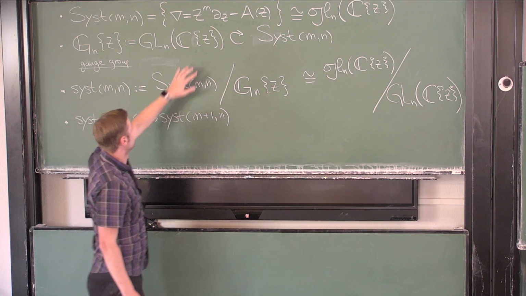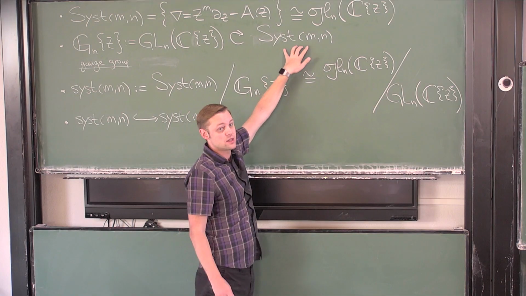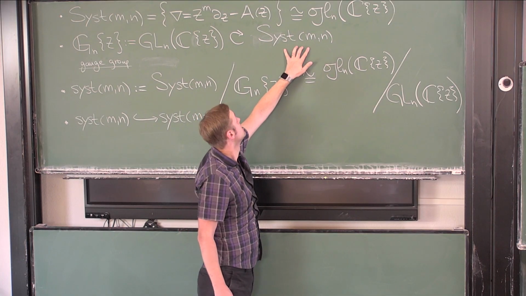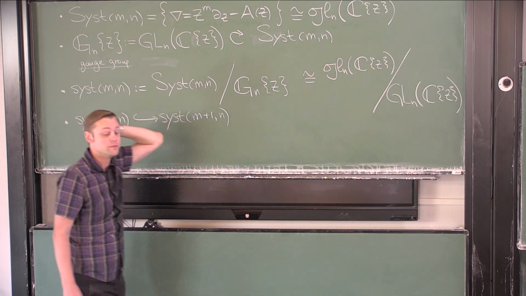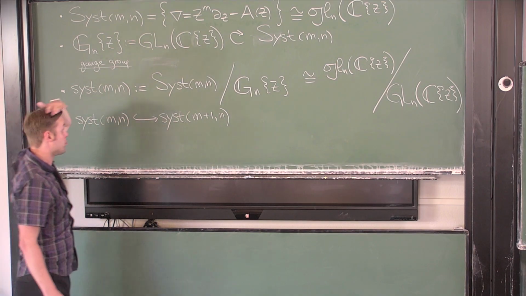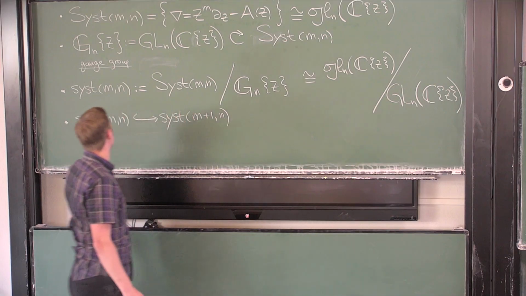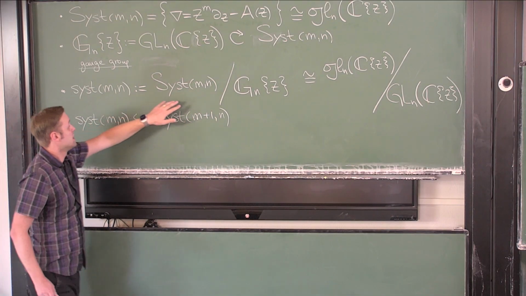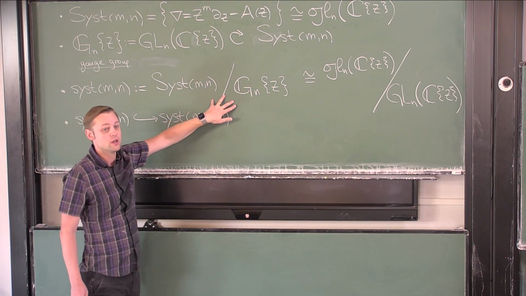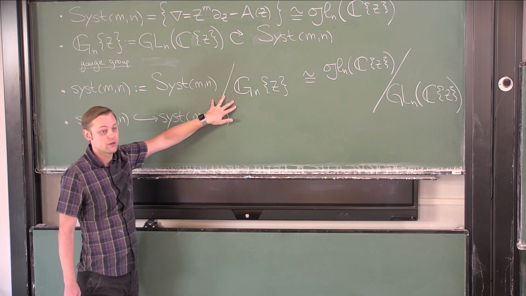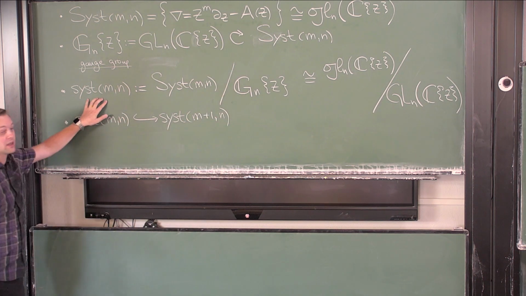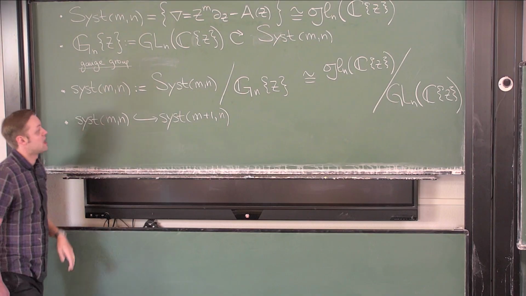And this group acts on this set of systems by the gauge action. This is a group action. So now we have a set with a group action. What I'm interested in is studying the quotient of the set by the group action. This is what I'm calling little syst of type M, n.